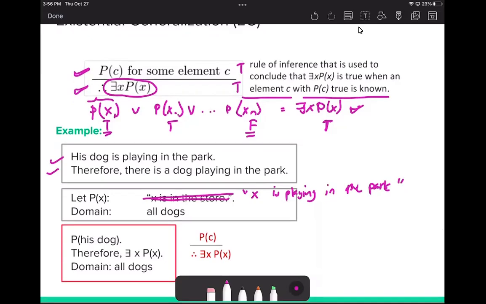So we have this premise P of his dog, or if we plug that in P of x, that will be his dog is playing in the park. And therefore, since this is true, then our existential quantifier is also true.